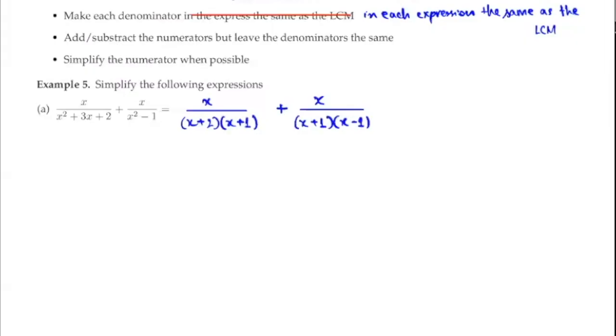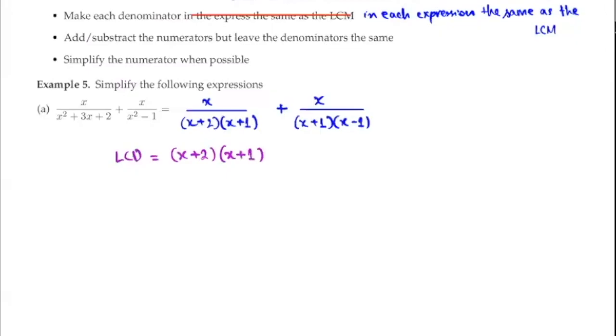Okay, now how would you find the LCD? So for each denominator, you're going to take the factor and put it into the LCD. Okay, so bear with me here. So for the LCD, this is equal to, so look at the first denominator. You take out the factor x plus 2, and put that in here. x plus 1, put into the LCD.